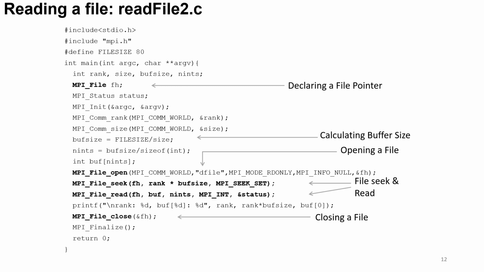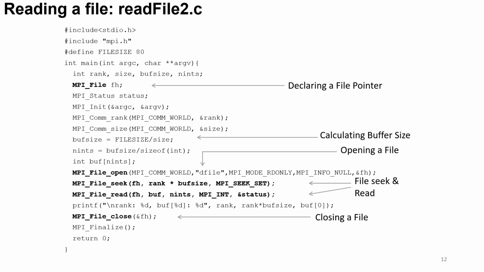In addition to the MPI calls for opening a file, reading a file, and closing the file, let's look at some of the other logic that this code has. It includes the line for calculating the buffer size, and this buffer size is basically calculated by dividing file size by the number of MPI processes that are participating in the computation.